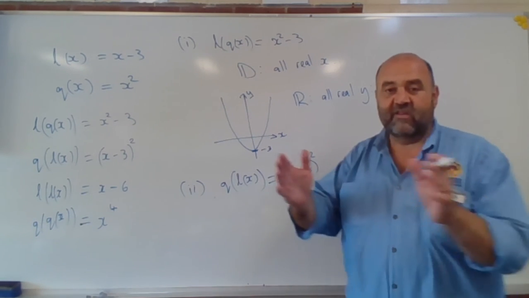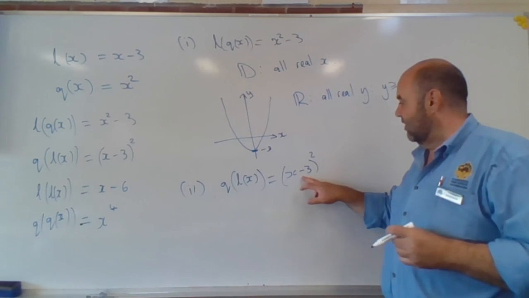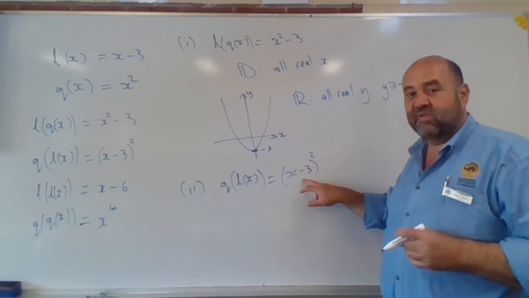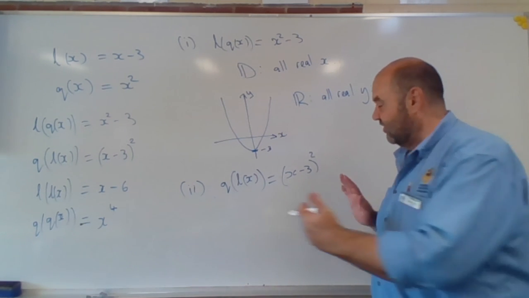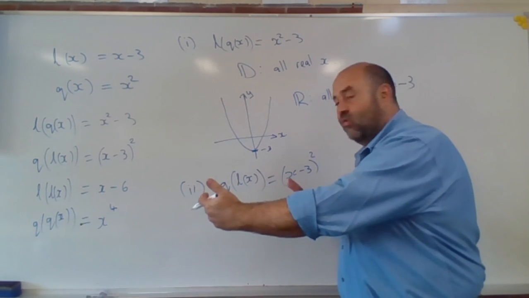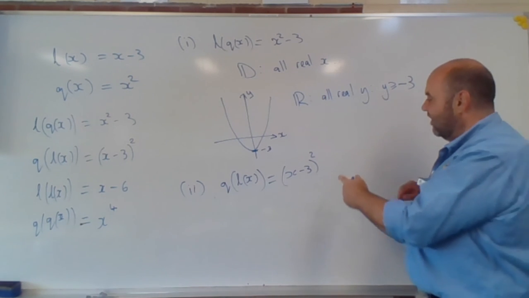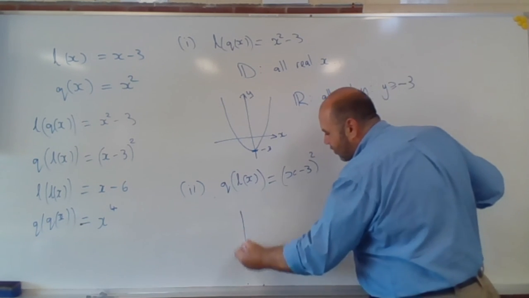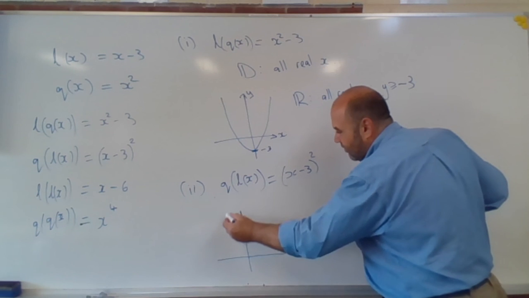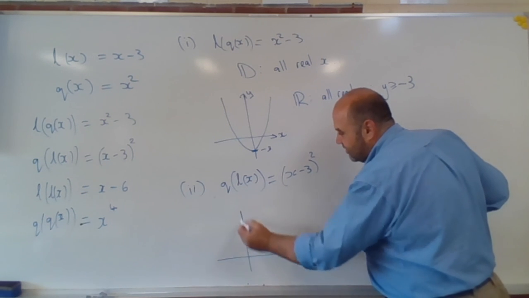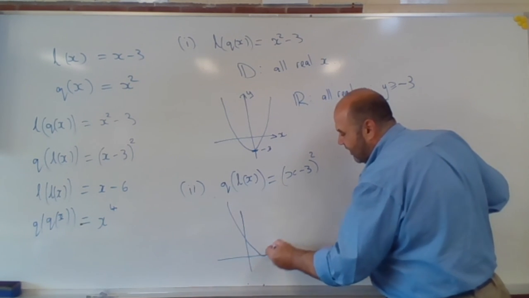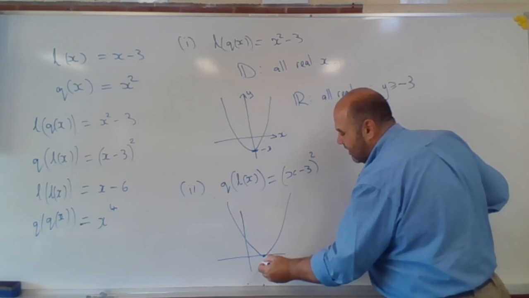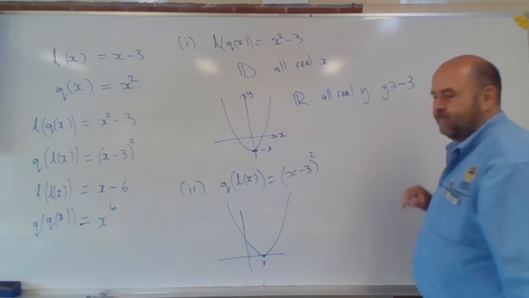Remember we discussed the shift. If it was x plus 3, it'd be early. That would shift it to the left. If it's x minus 3, that makes it late. It shifts it to the right. So this guy here would look like, instead of a normal parabola with its vertex at the origin, our vertex is going to be down here at x equals 3.